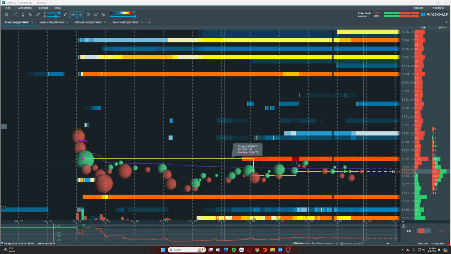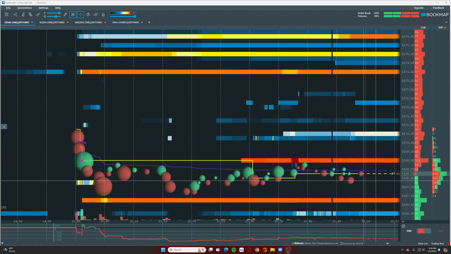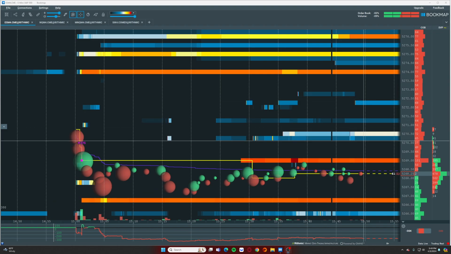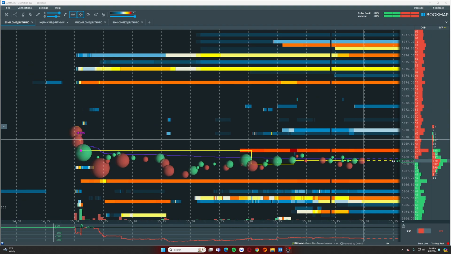POC is point of control. Now what this means is during this current price action that we're seeing right here, our point of control is 5268.25. My bad. What does that mean? Point of control is basically where buyers and sellers want price at. It's basically a magnet to price.